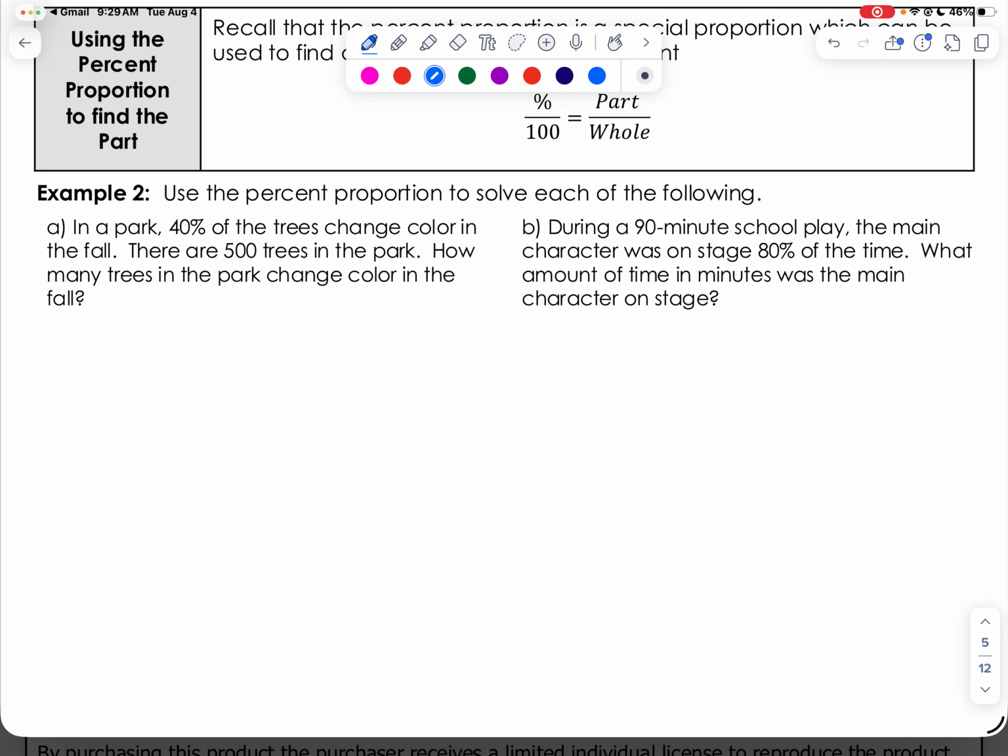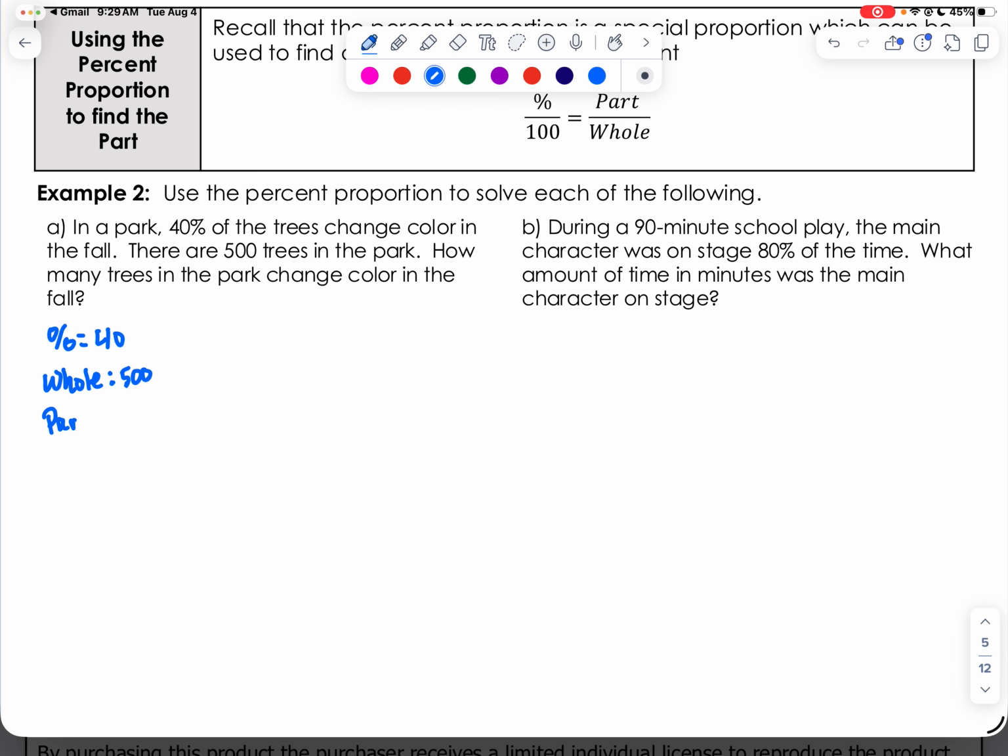In example A, it says, in a park, 40% of the trees change color in the fall. There are 500 trees in the park. How many trees in the park change color? In this problem, we know the percent is 40. We know the whole is 500.